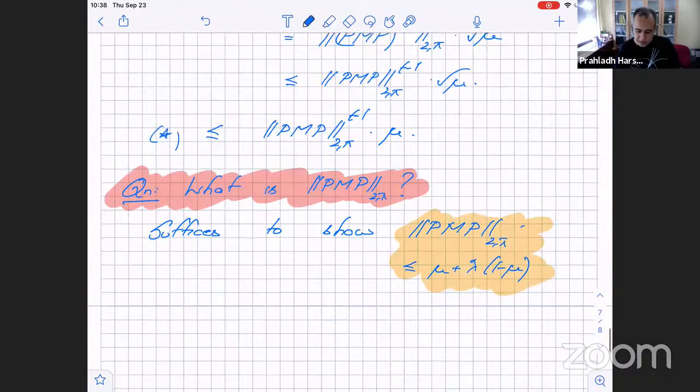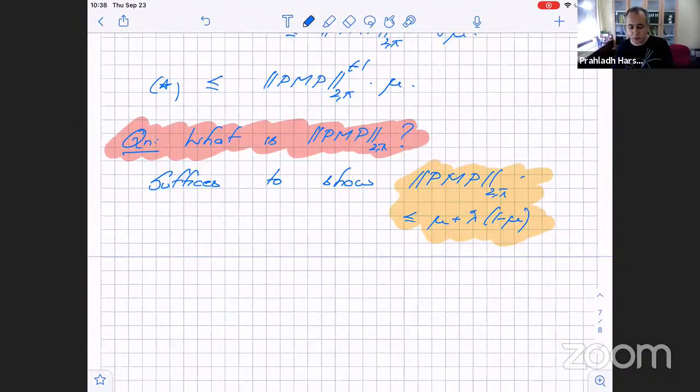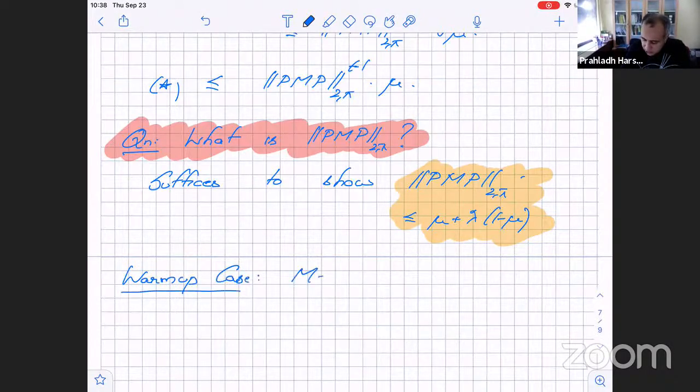But actually, even before showing this, let's do a warm-up case, a baby case, when M is the independent random coin toss case.